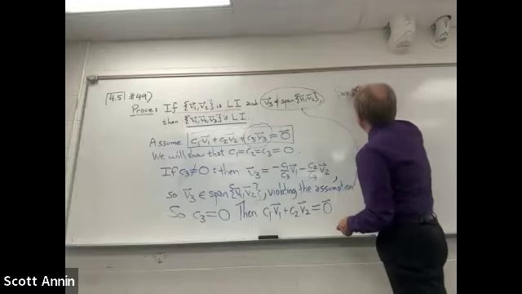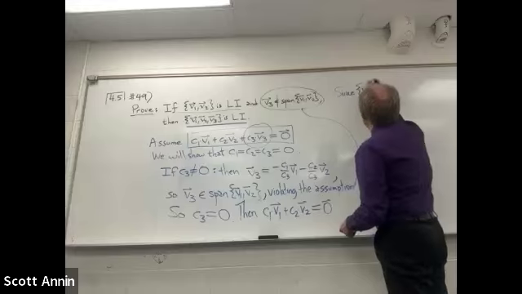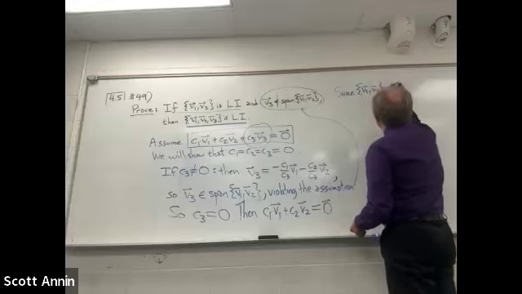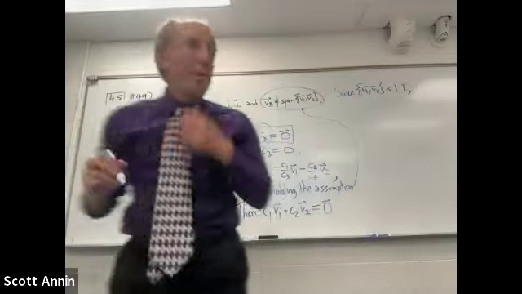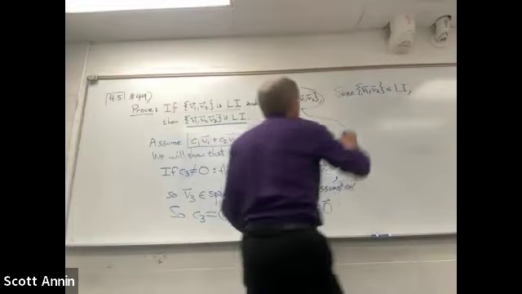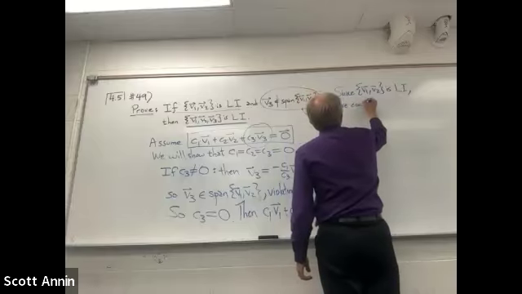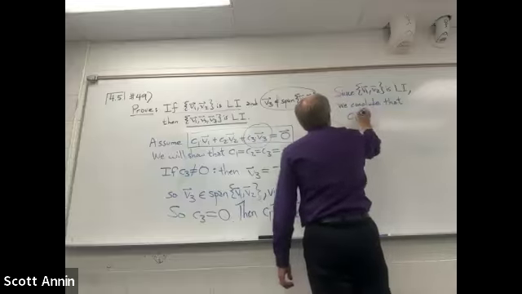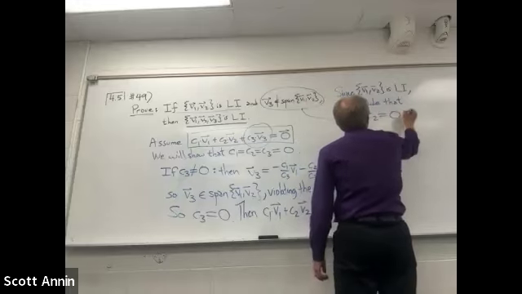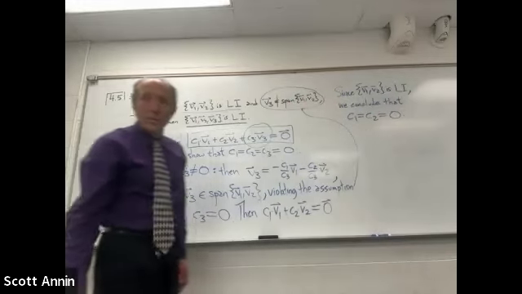There's just one more line to go. Since V1 and V2 is LI, we conclude that C1 and C2 are also equal to 0.